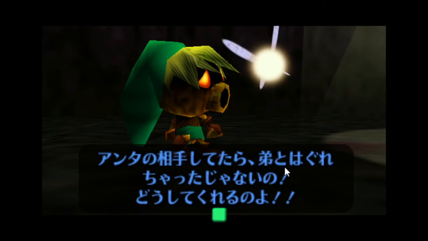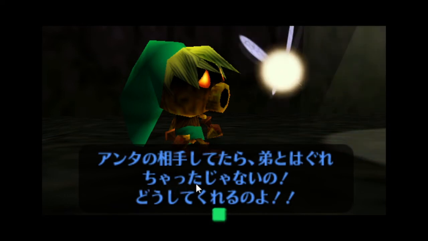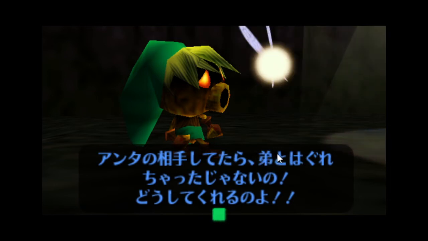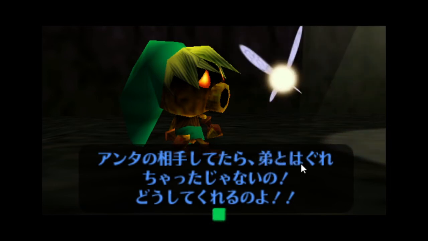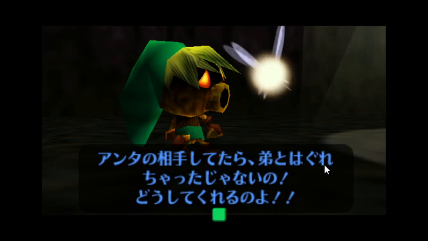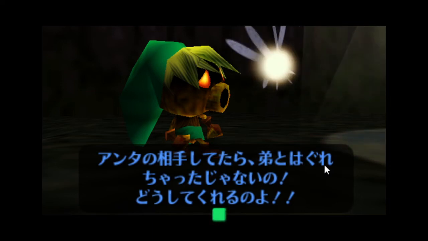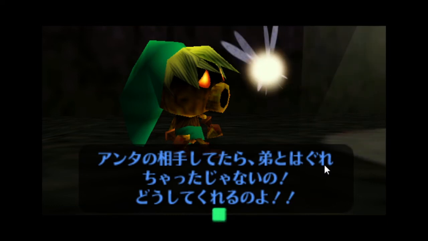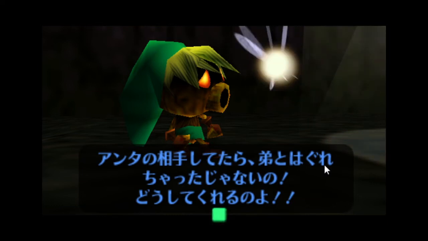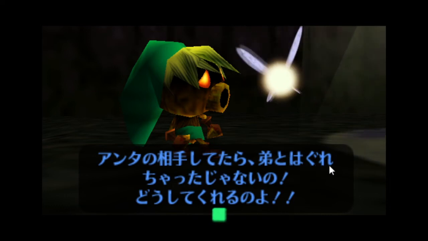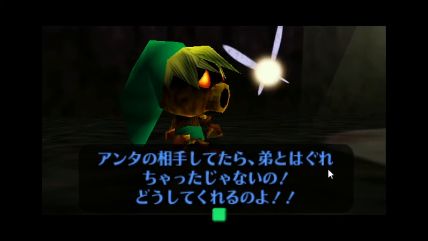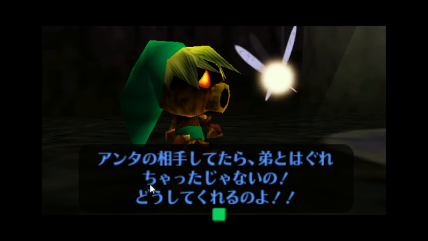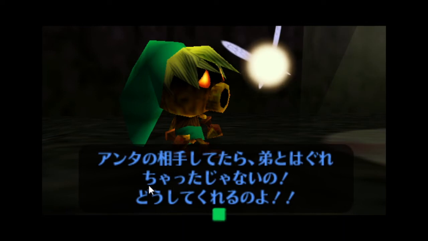Ototo to hagure chatta janai no. So ototo is just little brother, to is with, so with my little brother. Hagureru, I've got to look that up. Yeah, it just means to stray from a subject, or to get lost from, so to separate from. So hagureru means to get separated from. And there's this form of chao.